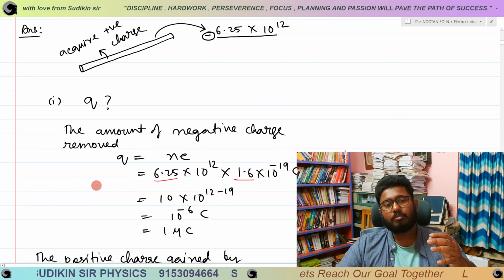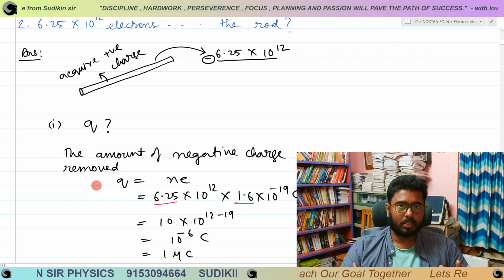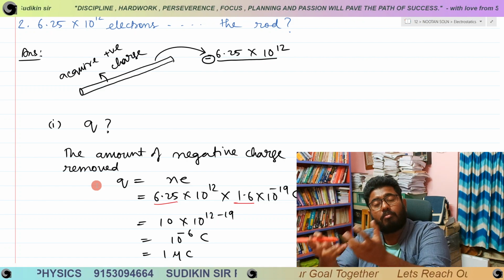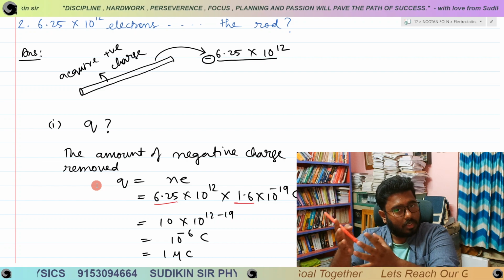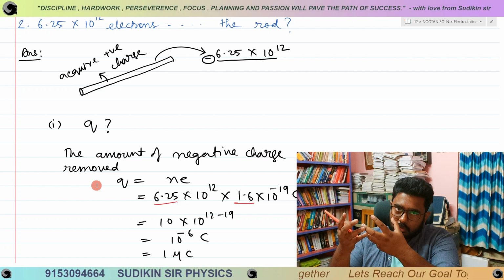See, this much amount of electron has been moved out from the rod. What does that mean? It means that the rod will be losing this much mass of charge. The amount of electron they are removing, it will lose that much mass of electron.